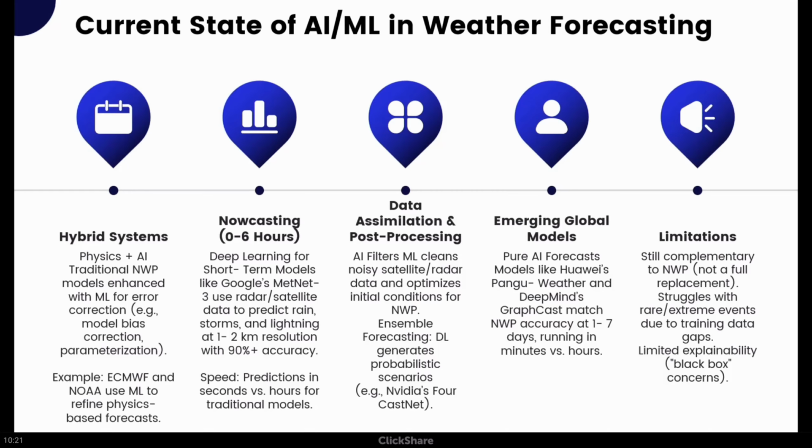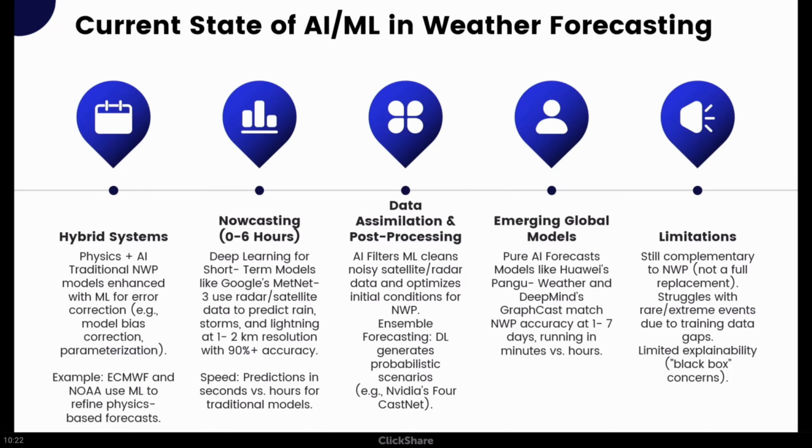And also in ensemble forecasting, DL helps us, and it can give us some probabilistic scenarios. Ensemble forecasting is a way of perturbing the initial conditions to get different types of simulations. If we don't do anything, it will be called a deterministic model. But if we perturb some initial conditions, then we'll have an ensemble model.